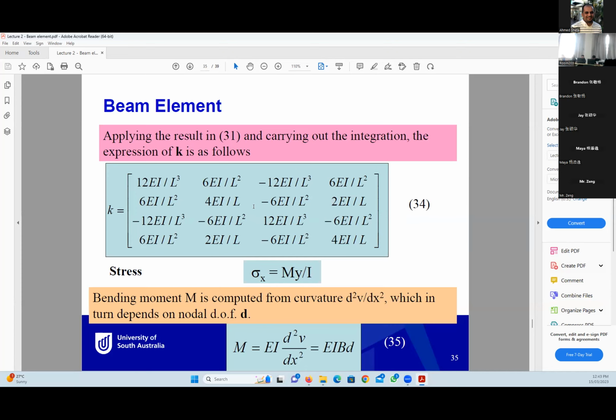To make it easier for you to recognize, the first column is the same as the third column but with a negative sign. Also, the first row and third row are similar, but the third row is the first row with a negative sign.